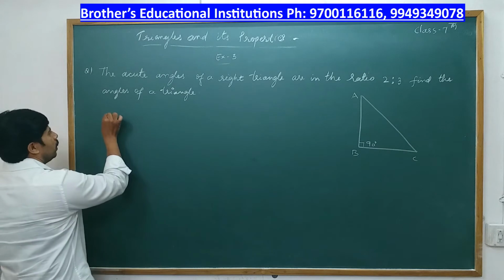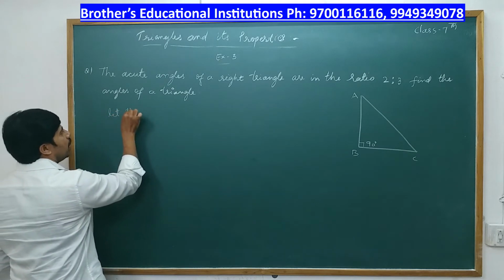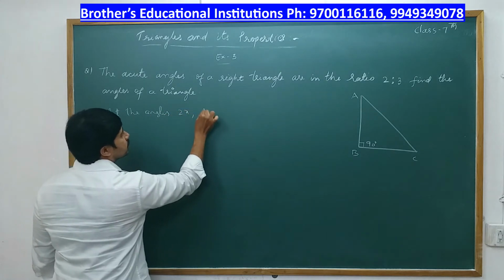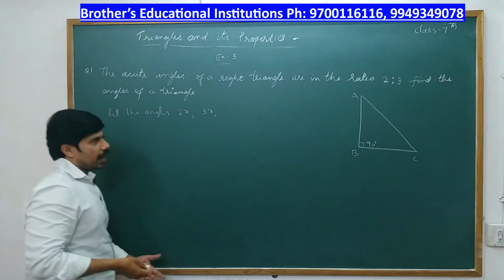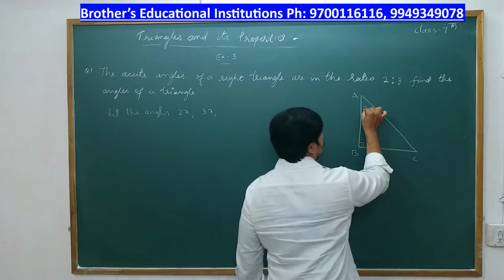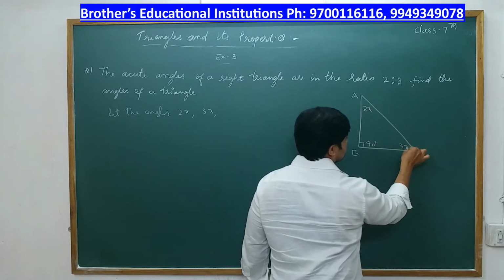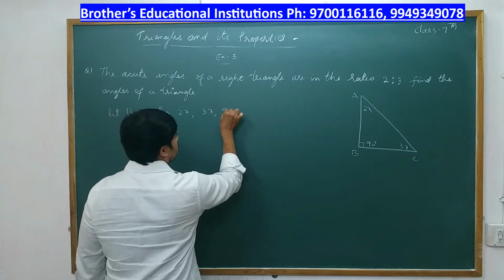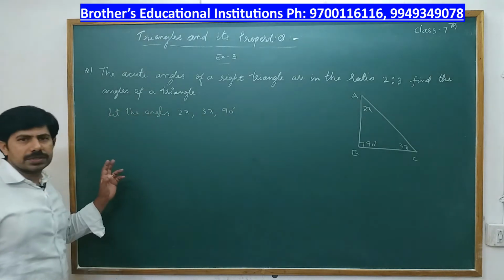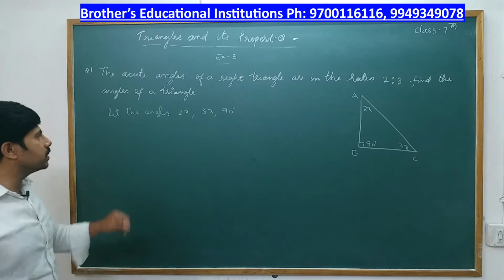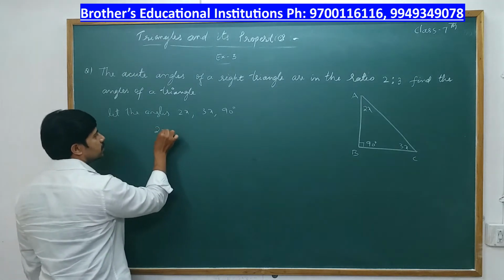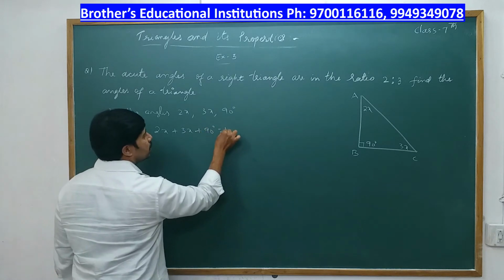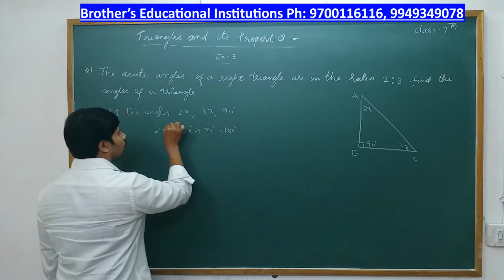So I'll assume the angles of the triangle as 2x and 3x. I am assuming one angle as 2x, the other as 3x, and the third angle as 90 degrees. Now angle sum property: the sum of the three angles is 180 degrees. So 2x plus 3x plus 90 is equal to 180.